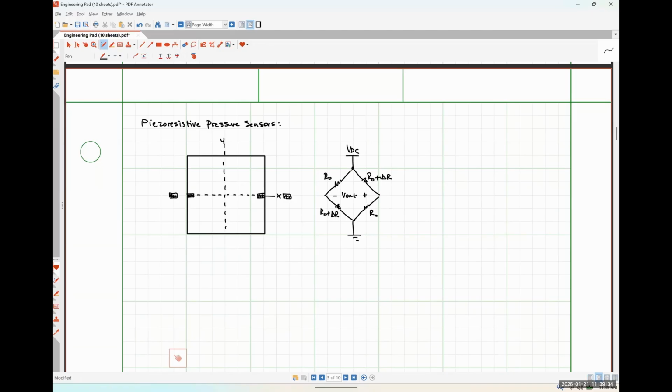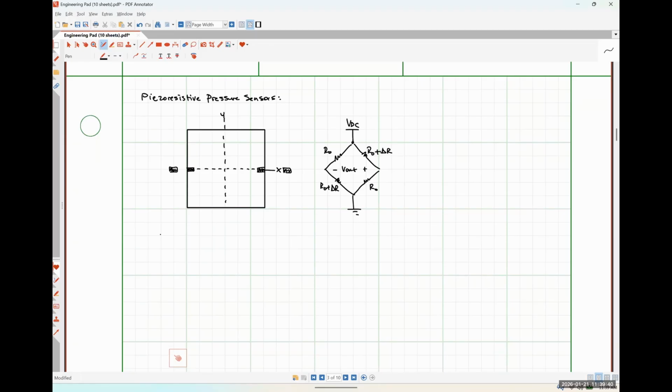So let's say that as an example, we have a square diaphragm with an edge length. So 2A in this case is going to be 1 millimeter. Another way to think about this is A is half a millimeter or 500 microns.